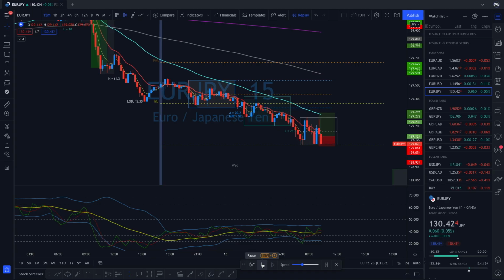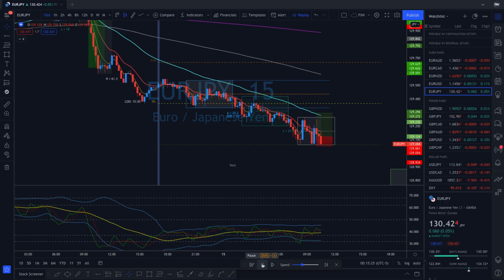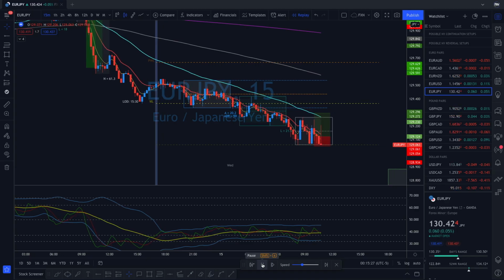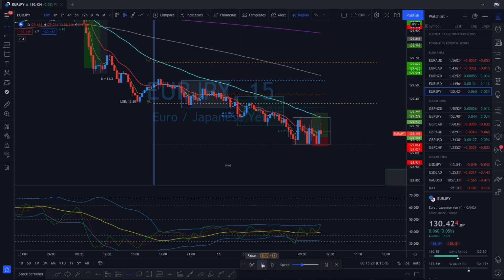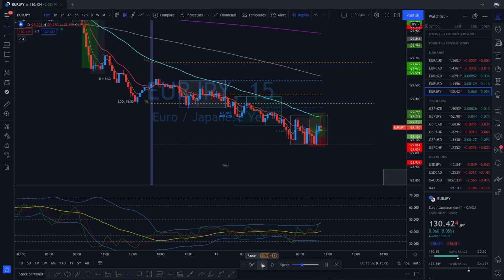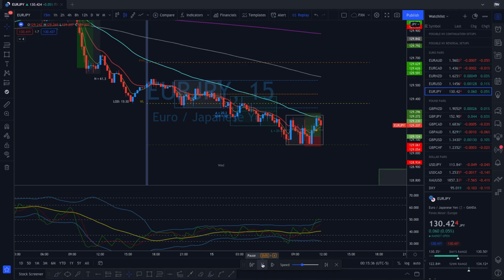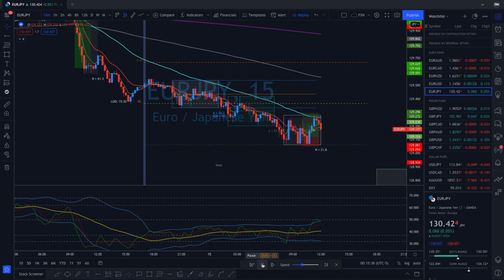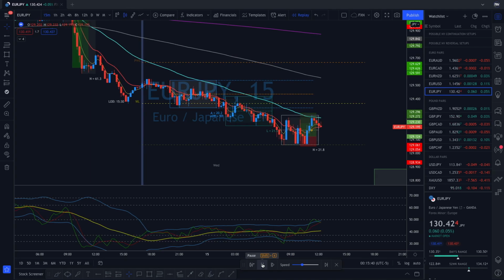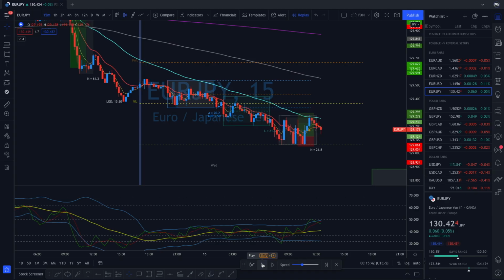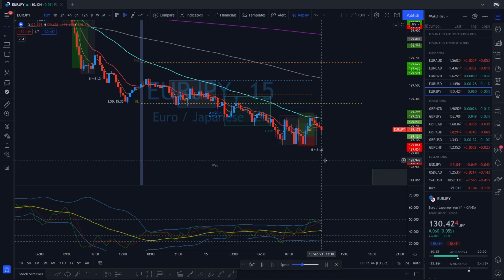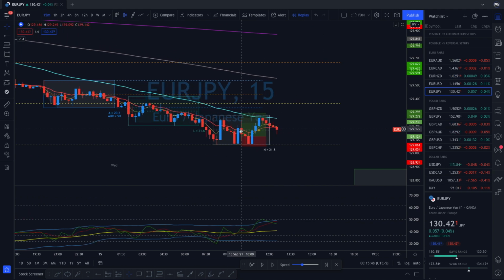Okay, so you get a pullback. Yeah, see? It only goes literally to the 50. That's it. See that? So, where's the pullback candle at? Is it here?